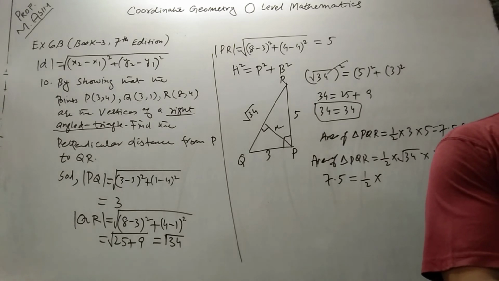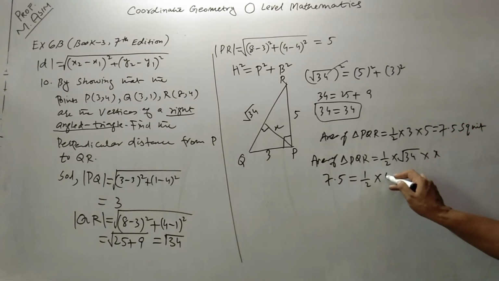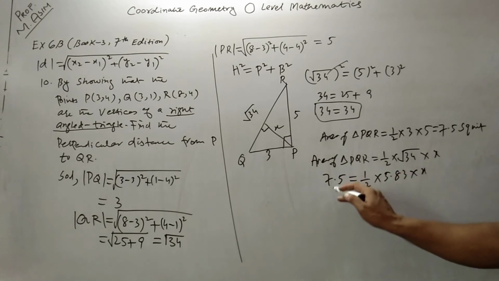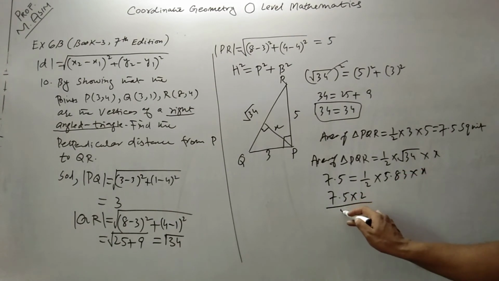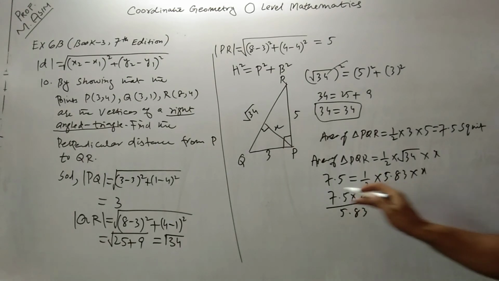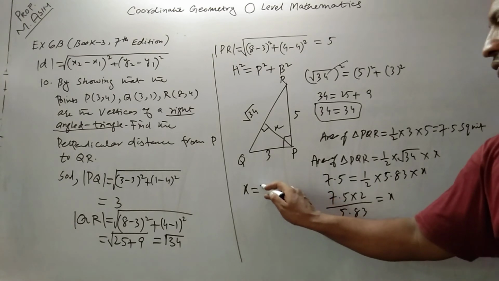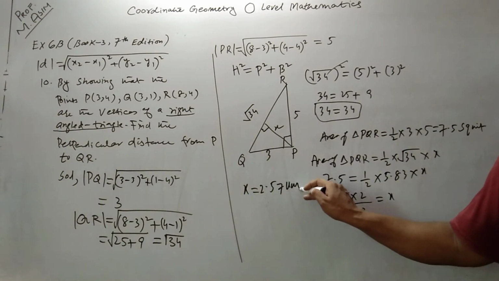The square root of 34 is 5.83. This 2 is divided, this should be multiplied, and this 5.83 should be divided on the other side. If you calculate this by using a calculator, you will get 2.57 units.